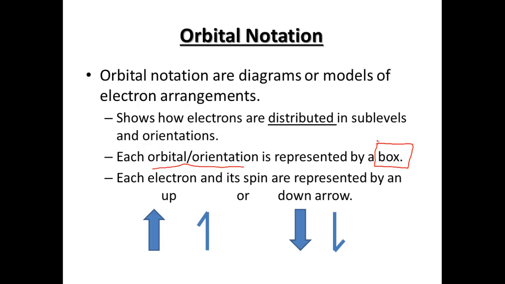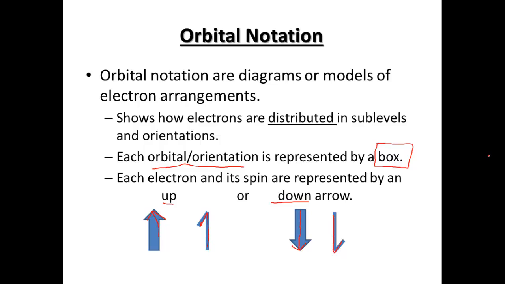And in each box, we're going to show the electrons and how they spin. Remember, we can have an up or down arrow to represent the spin. You can either use a full double-headed arrow, or I prefer just using a single-headed arrow, up or down.